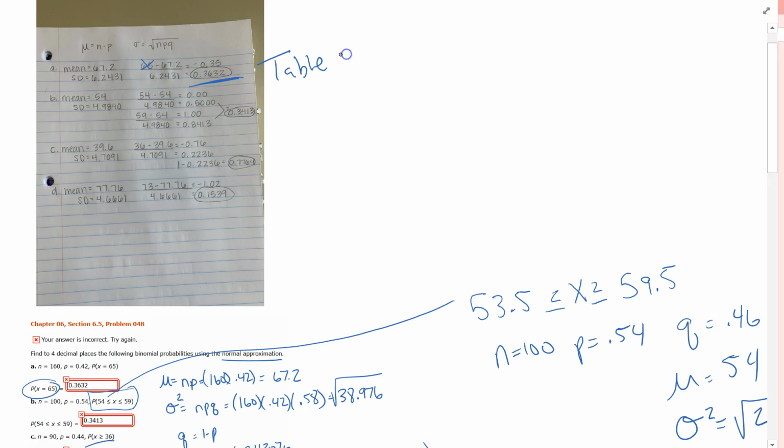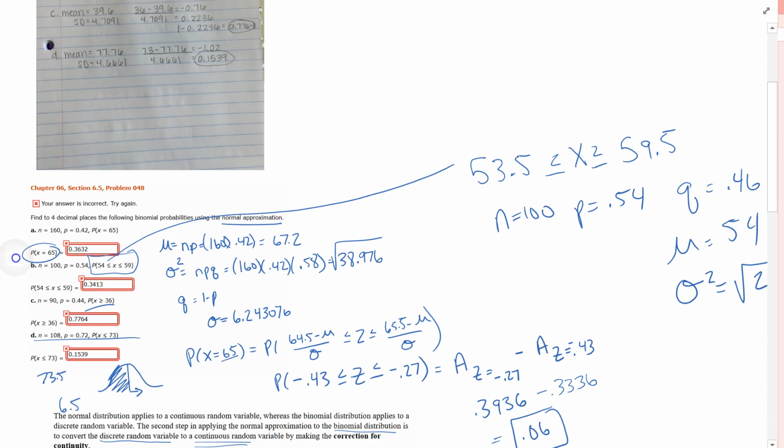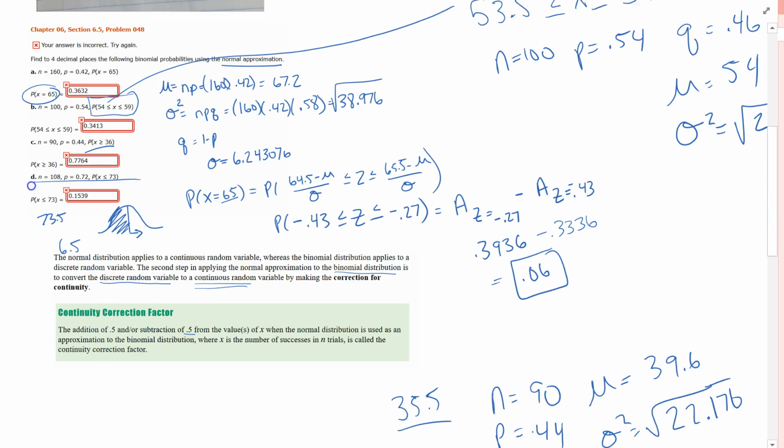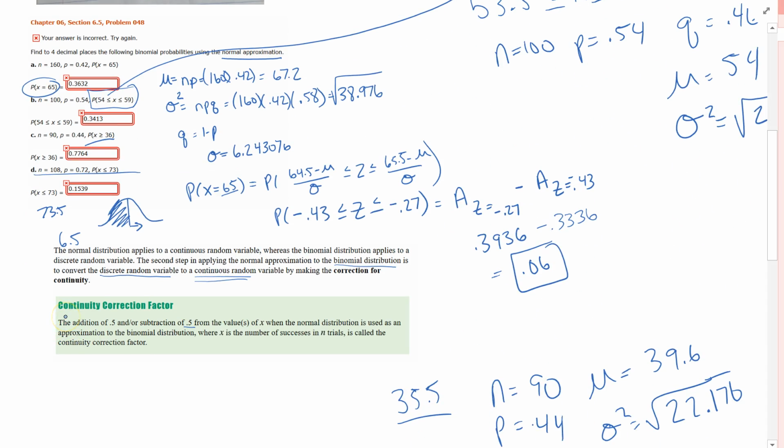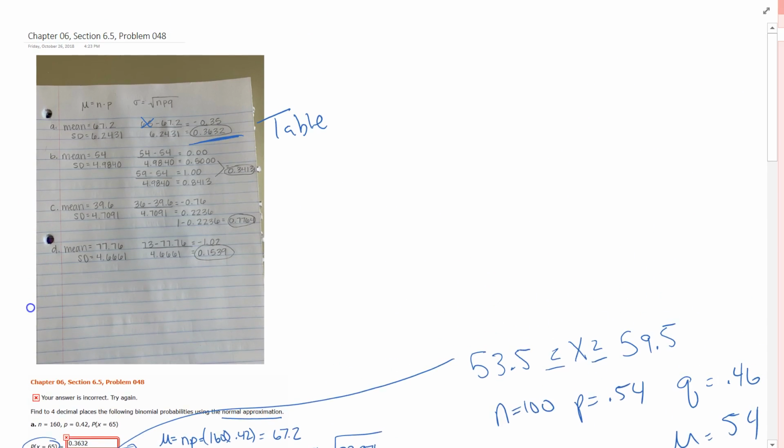The table for the probability would give you the area either in between 2 points, at a point, to the left of x or to the right of x. And you have to be careful with this continuity correction factor. If you have any other questions on this, please let me know.